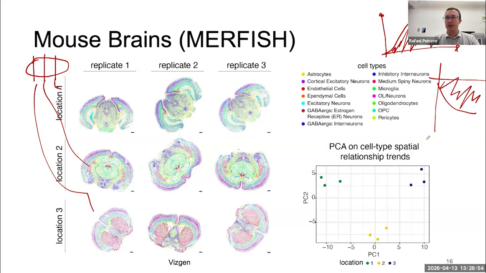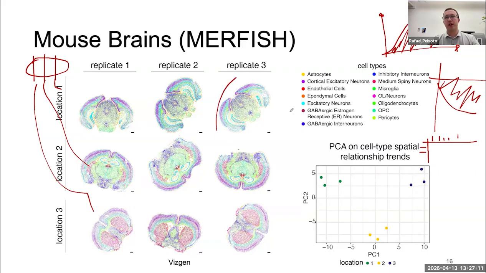Using this information, we came up with a matrix in which the columns are the area under the curve for a particular cell type pair, and the rows are the samples.